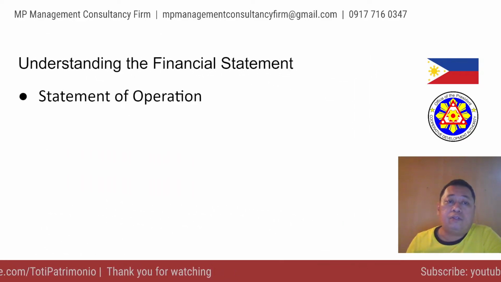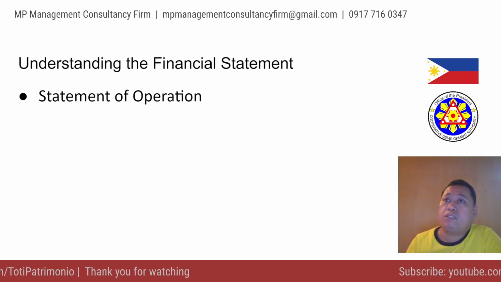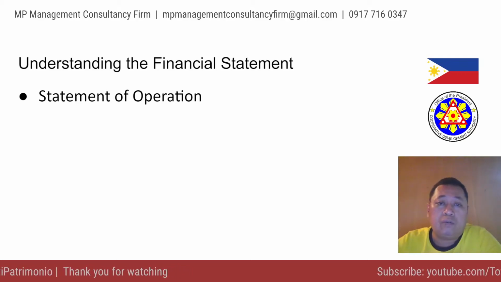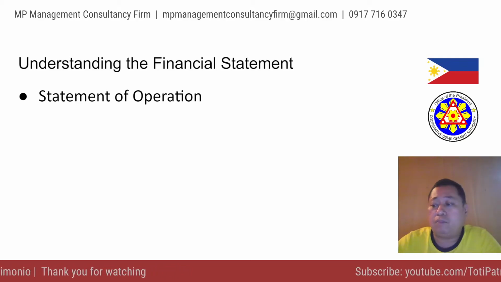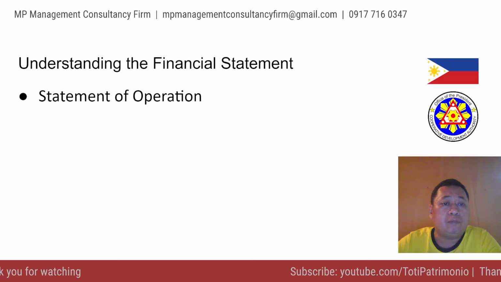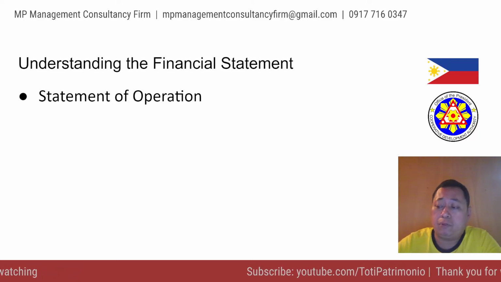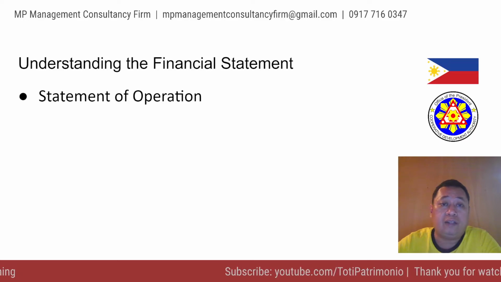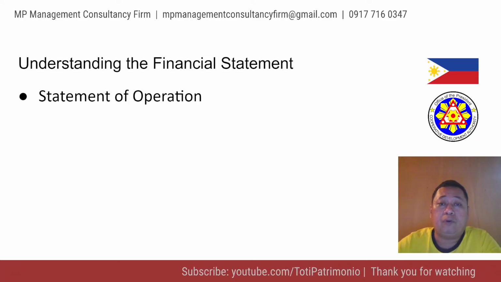Okay, so in understanding the financial statements, we first need to see what the components are. I would like to jump directly to the statement of operation. Actually, before this, there is another component in the audited financial statements for the cooperative, which is the important thing, the opinion of the independent auditor.